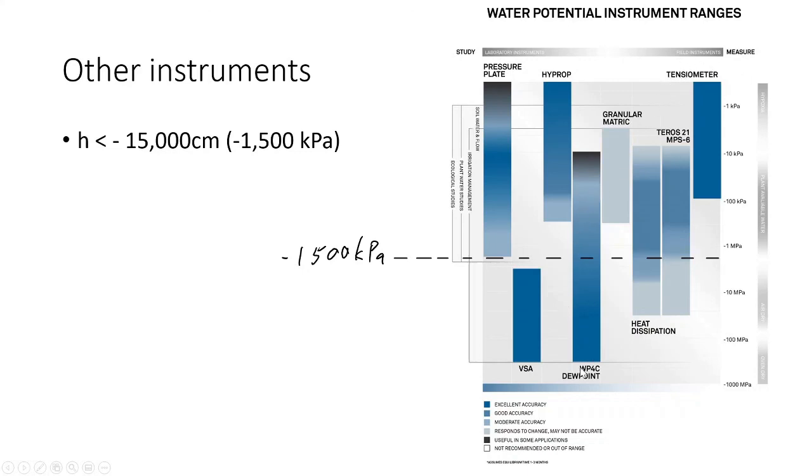There is also the WP4C. From 0 up to negative 1500 kilopascal, it is best covered by the hanging water column as well as the pressure plate, and the rest of the pressure is best obtained using the WP4C dew point. With these three instruments, we can cover the whole range of pressure that is needed.